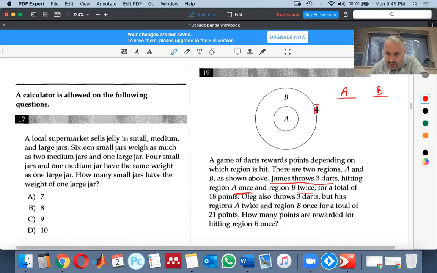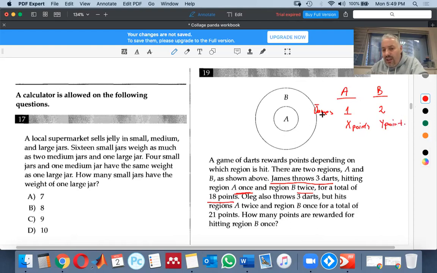So it says James. Are there two different people or just James? Okay, let me say James. Region A once and region B twice, for a total of 18 points. But what I don't know is region A, how many points? Let's say X points. And region B, let's say Y points.